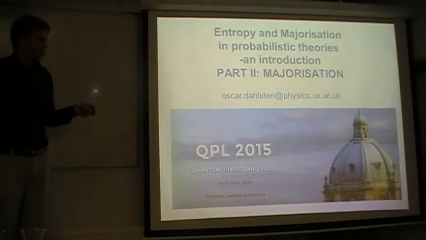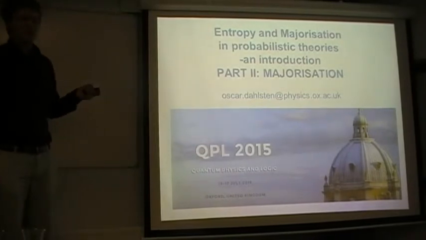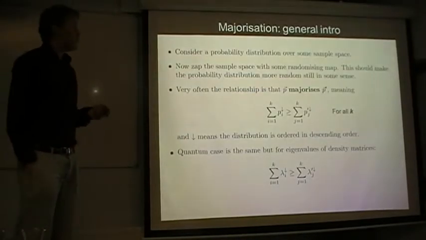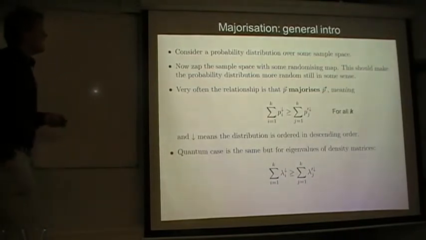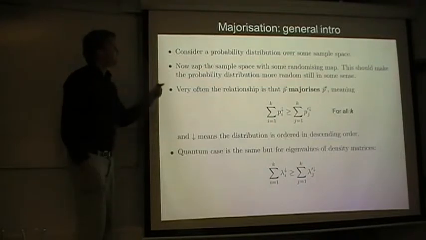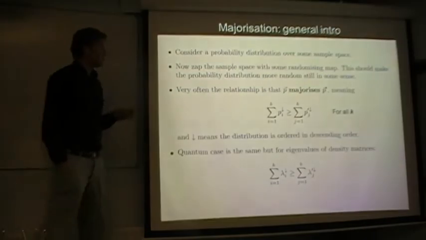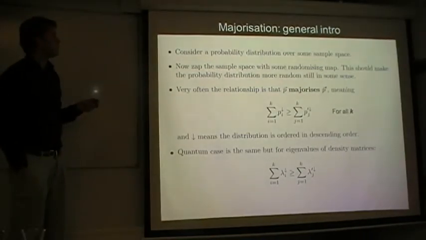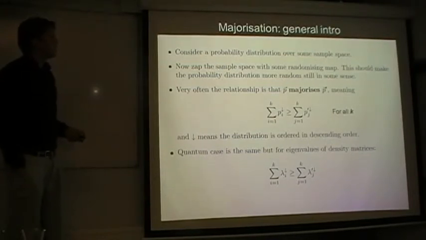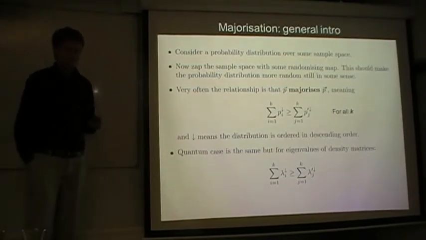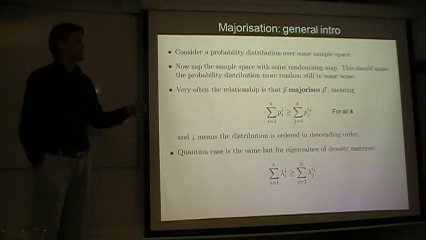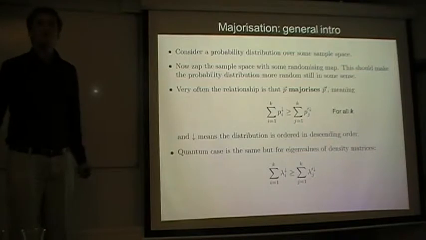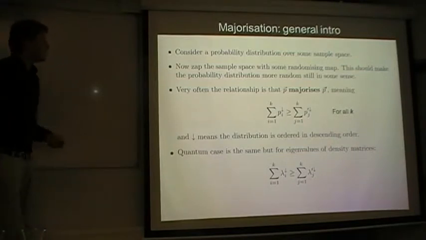Before giving you the overview, let's just say briefly what it is. One way of saying what it is, which is a more technical way: consider a probability distribution over some sample space, just P1, P2, P3, and so on. Now you zap this with some randomizing map, so you move the underlying events around somehow.